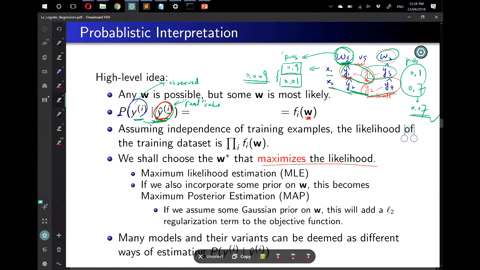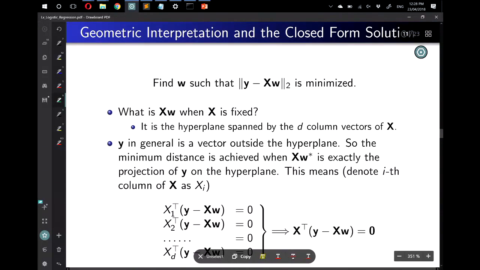That probably will help a little bit more as well. So basically, this is the procedure of choosing which W we should choose. Of course, in real life, there is an infinite number of choices. But to simplify the scenario, you can think about only a discrete and very small number of choices.